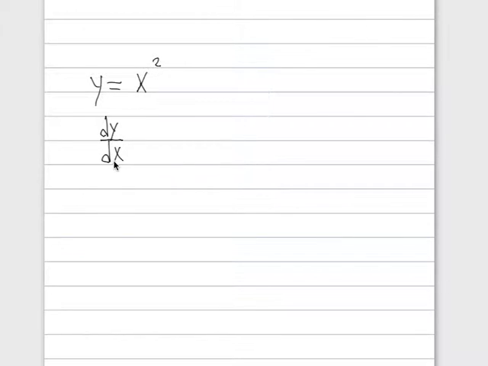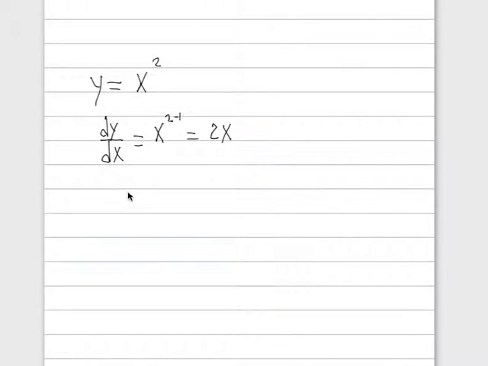This just tells us the rate of change in y when the x changes by a small amount. The derivative here will be x to the power of 2 minus 1, which is 2x. So the original power is pre-multiplied by the function after taking the derivative.